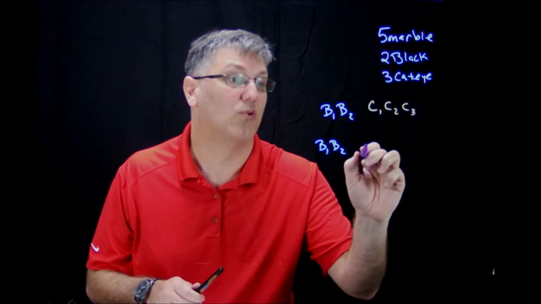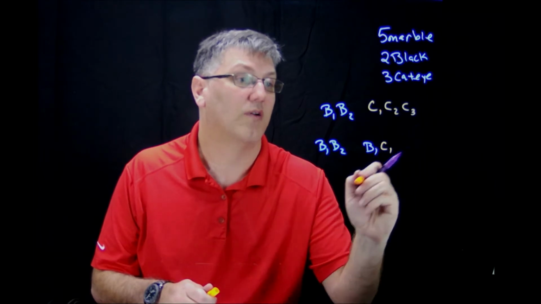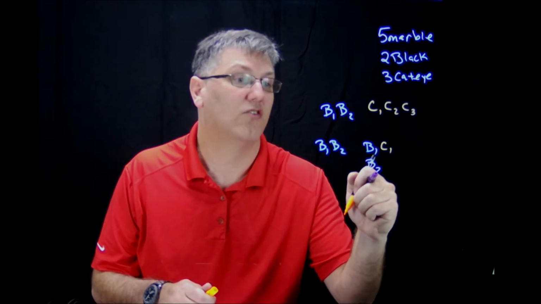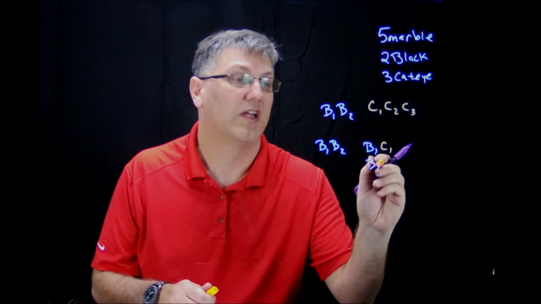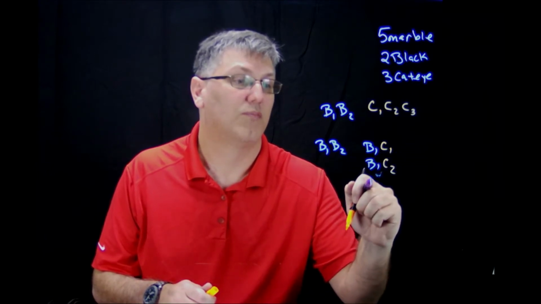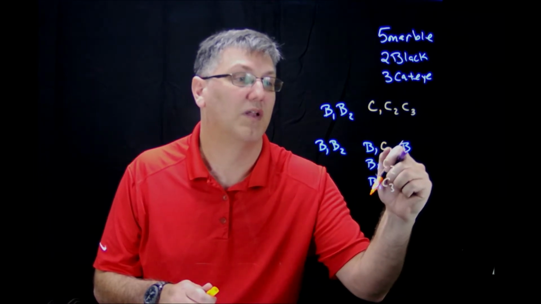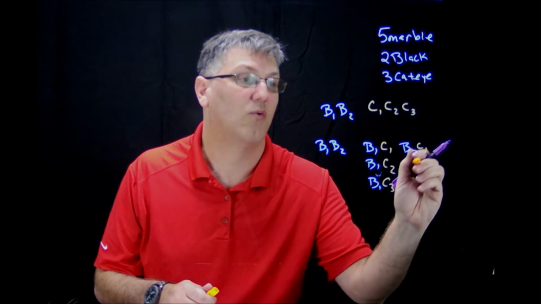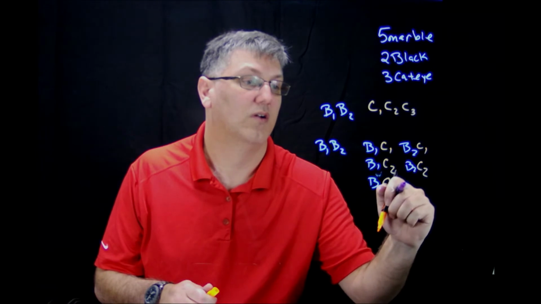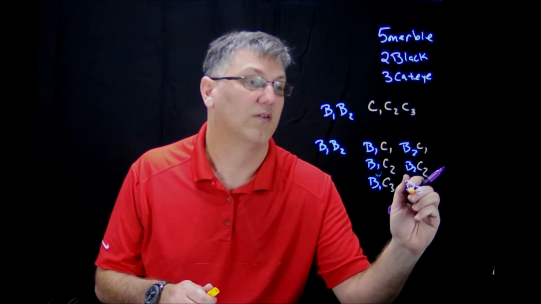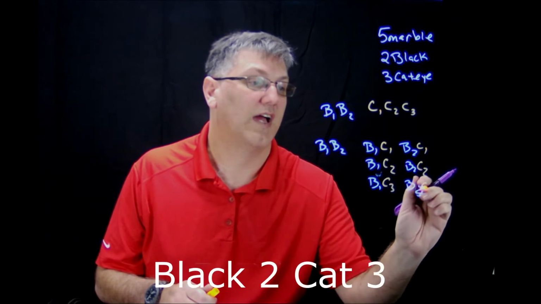Then I could also pull black 1 and cat eye 1. Let's keep it with black 1, cat 2. Black 1, cat 3. Then of course I could do black 2, cat 1, black 2, cat 2, black 2, cat 3.